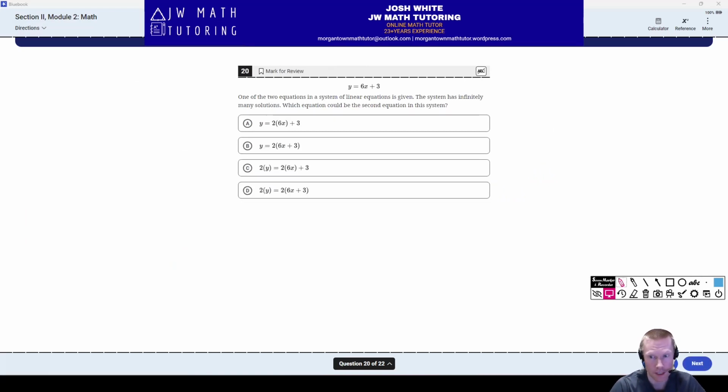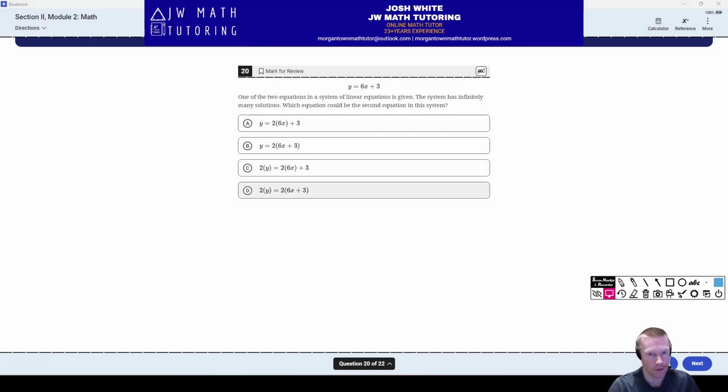Question number 20. Here is a line, and they want to know which of these other equations would make a system which has infinite solutions. So the easiest, quickest way to do this is to know that when you have two equations in a system and the answer is infinite solutions, meaning it's the same line twice, one of the lines is a multiple of the other, meaning all the terms on both sides are multiplied by the same value compared to the other equation.